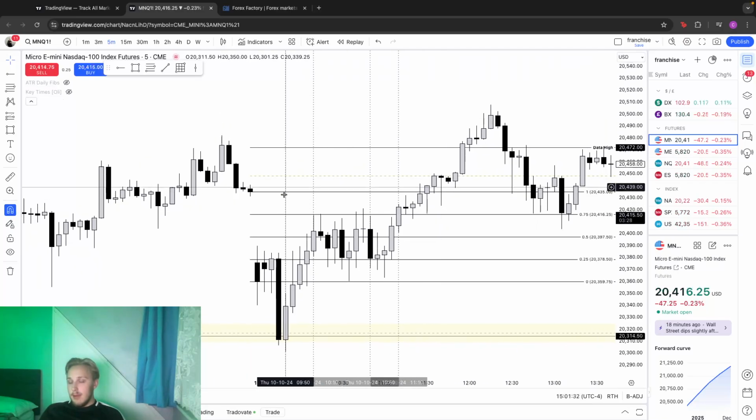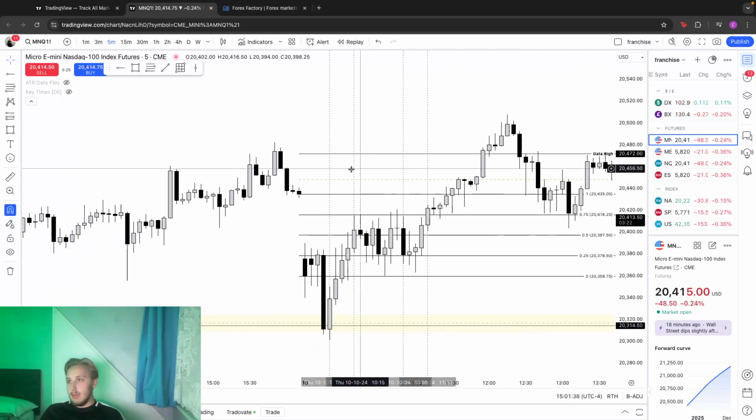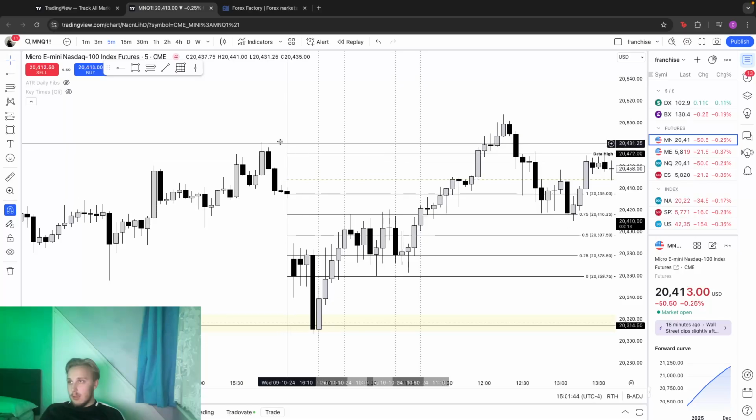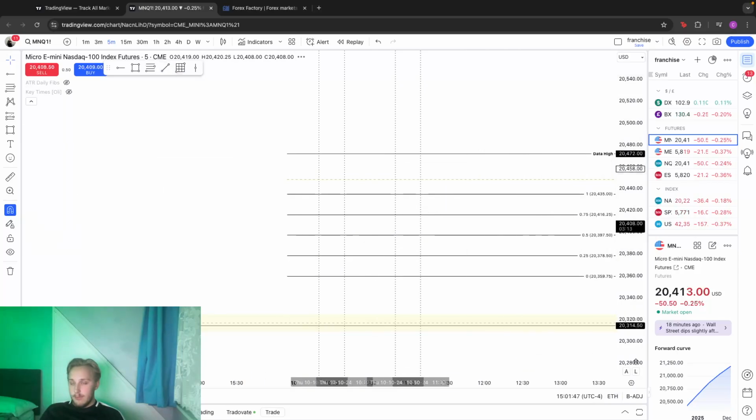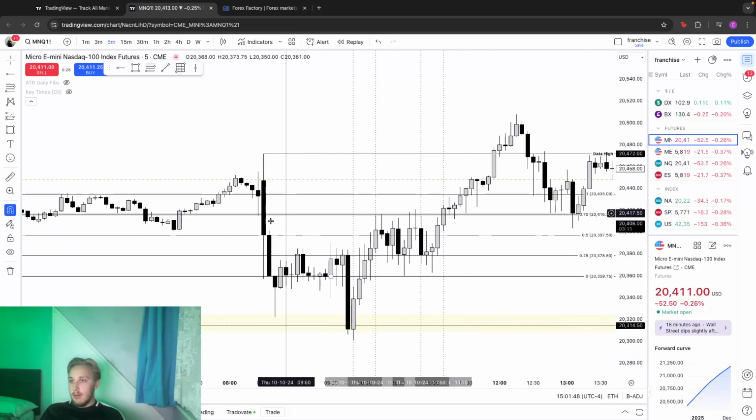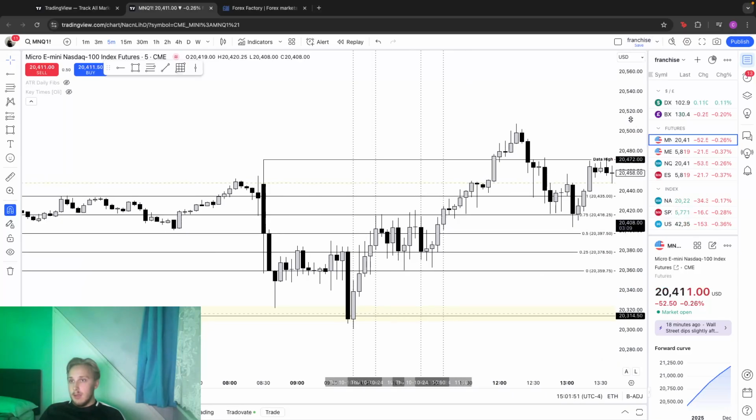If we had a discount opening gap, I'd mark the data low and data high, but in this example data low has already been taken. So yeah, we've already got a strong draw on liquidity. We've got data high with a premium opening gap, so that's quite a strong draw on liquidity.